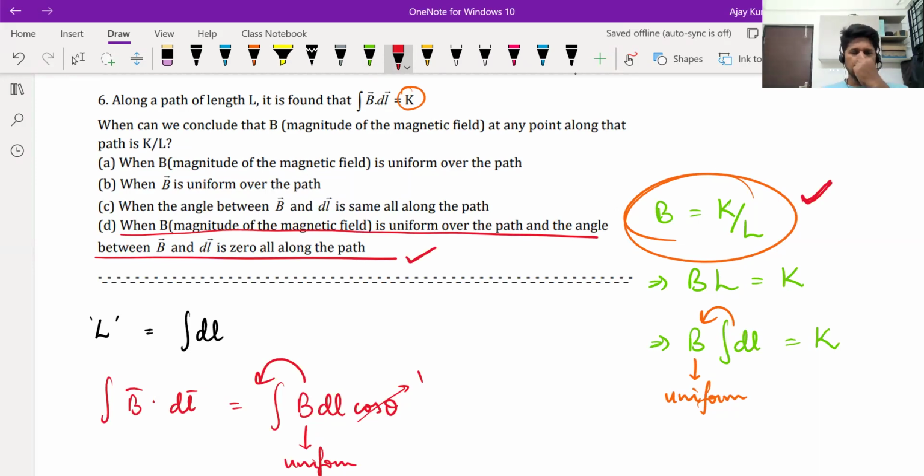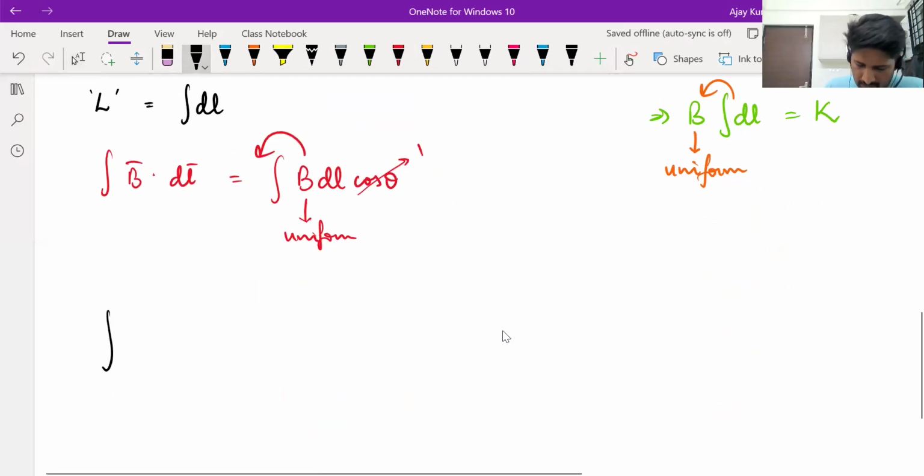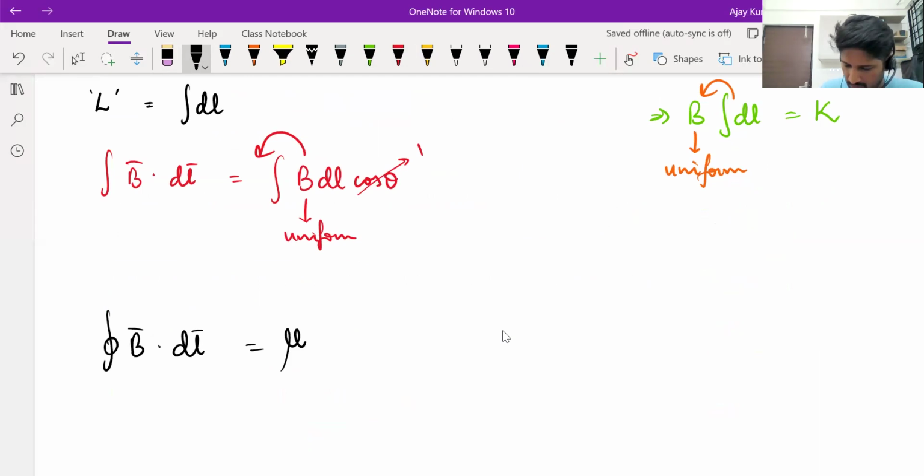And why I gave you this particular question in the worksheet is because we will be using Ampere's law. See, Ampere's law is written like this. Closed integral B dot dl is equal to mu naught into I enclosed. We sometimes use Ampere's law to derive the magnetic field.